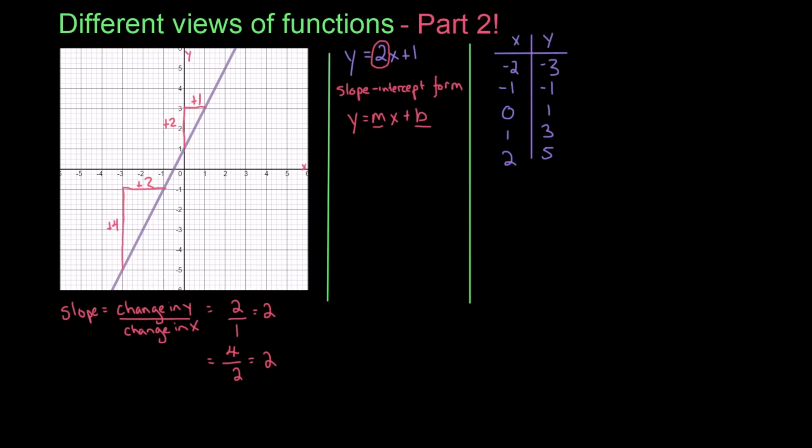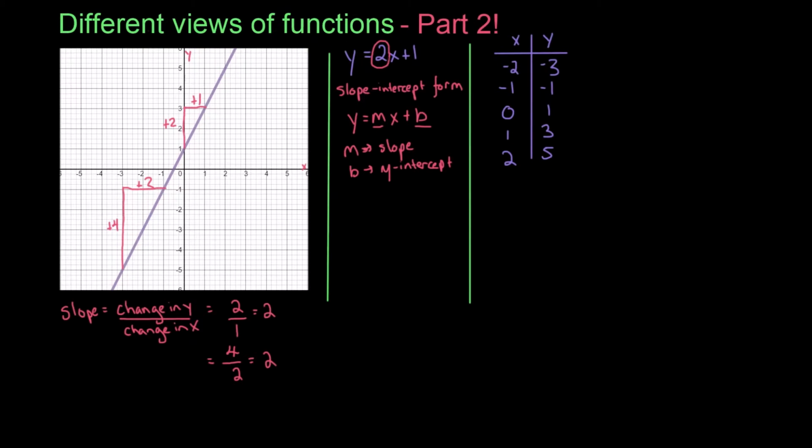Slope-intercept form is a useful form of the equation, especially when we're working with lines and trying to get information out of them, because our m tells us our slope, and our b tells us our y-intercept, which we'll talk more about later. And it should be a little bit intuitive why this number is our slope, because thinking about what our slope is, it's how much we go up and how much we go over.